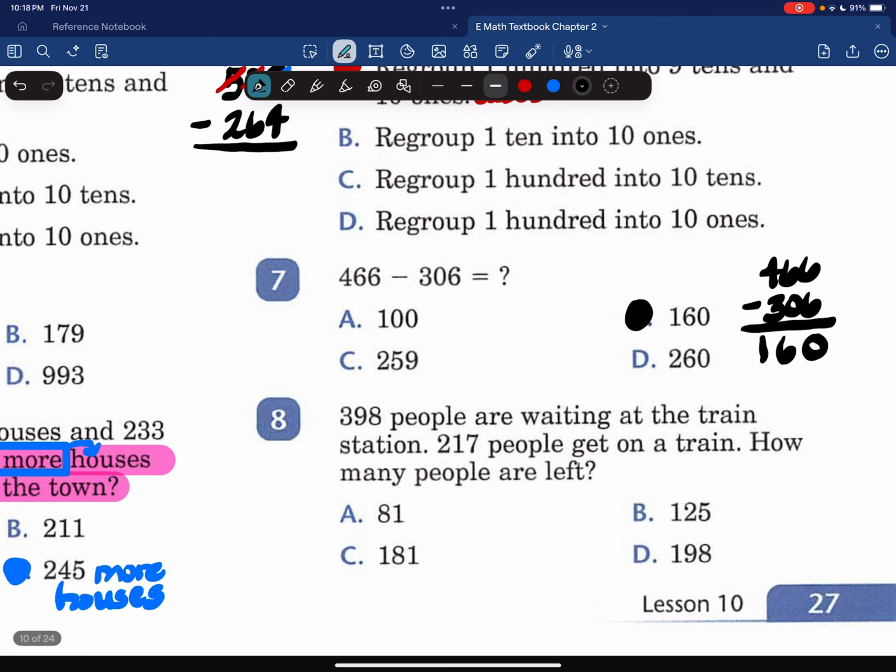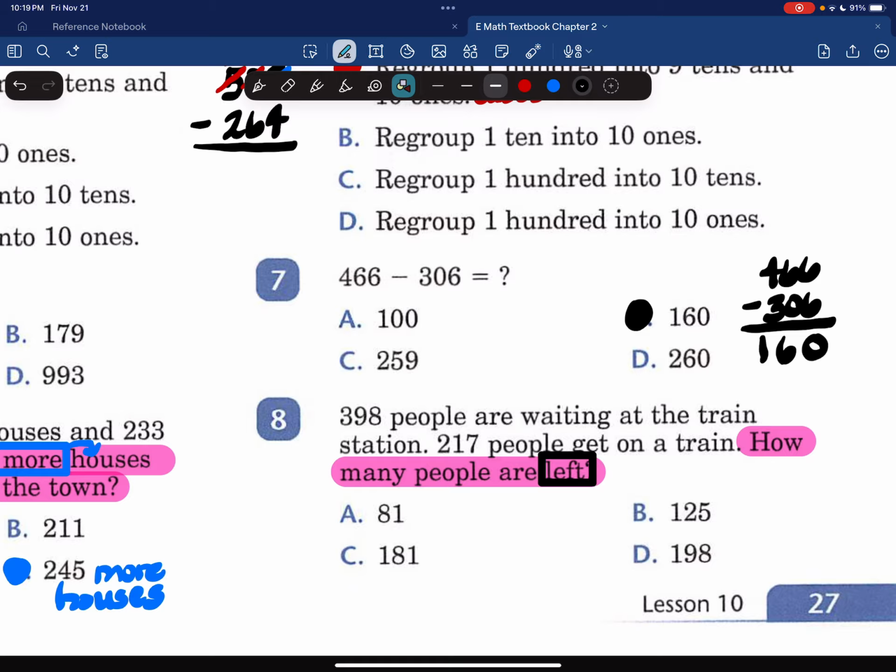All right. 398 people are waiting at a train station. 217 people get on a train. How many people are left? The key word is left.